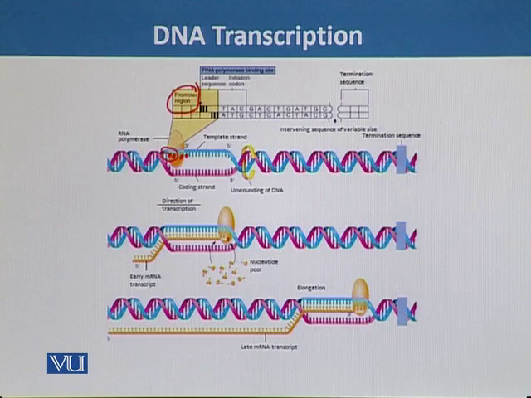Before the elongation step starts, we can see here that the binding of RNA polymerase facilitates the separation of the two strands of DNA.